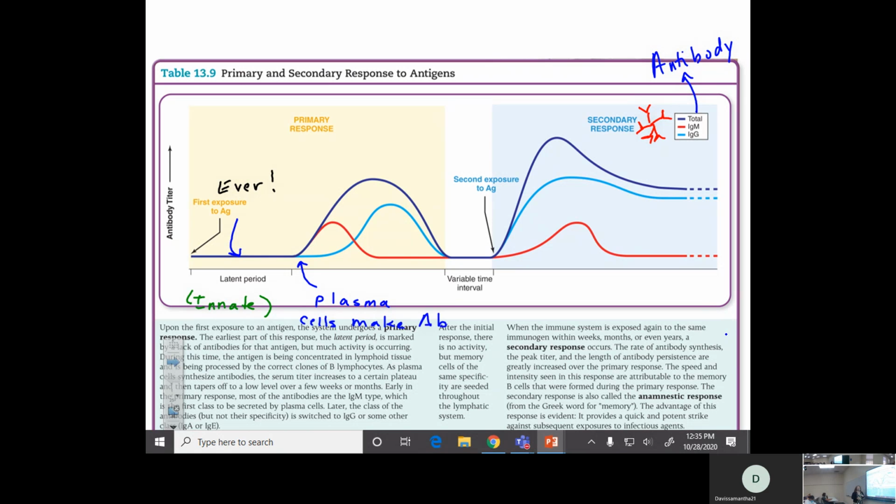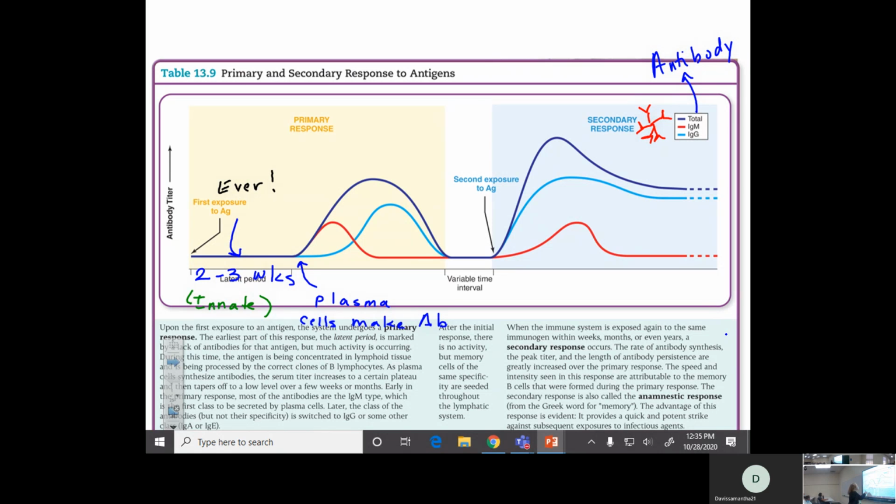I'm using AB for antibodies. There's a lag, what we call the latent period, that's about 2 to 3 weeks, for B cells and T cells to do all the things they have to do together to get to the point of having plasma cells start making antibodies.